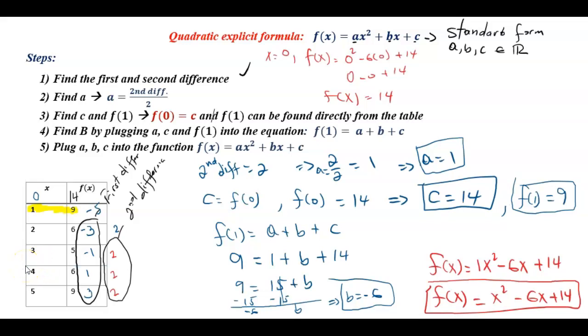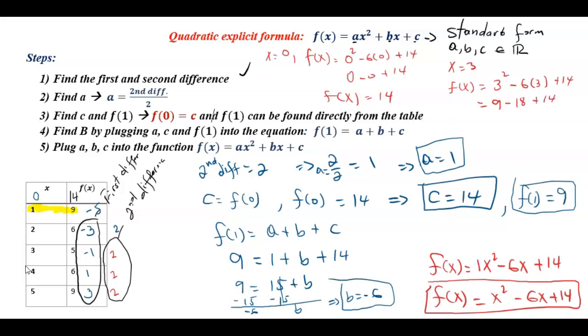So if x equals 3, we're going to have f of x equal 3 squared minus 6 times 3 plus 14. So 3 squared is 9. 6 times 3 is 18, minus 18, plus 14.